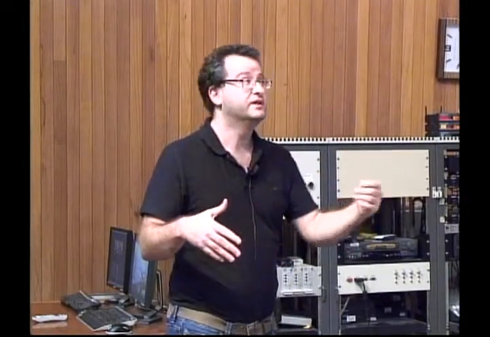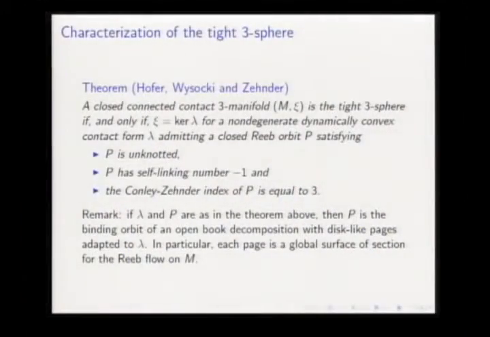All the pages are disks with the boundary on that periodic orbit, and these disks are all transverse to the Reeb vector field, and then all this information gives you the topological information about the contact manifold. It must be the S3 with the standard contact structure.